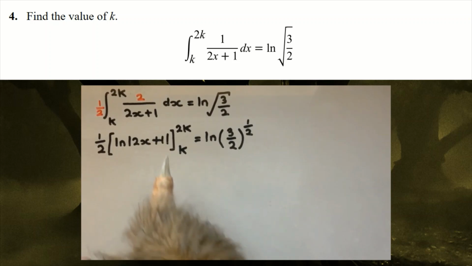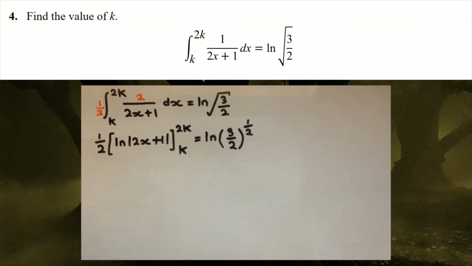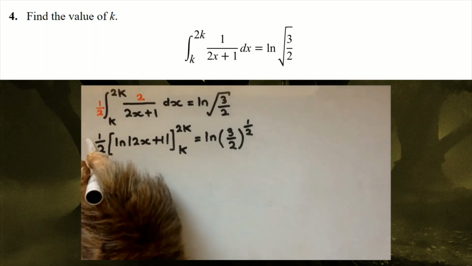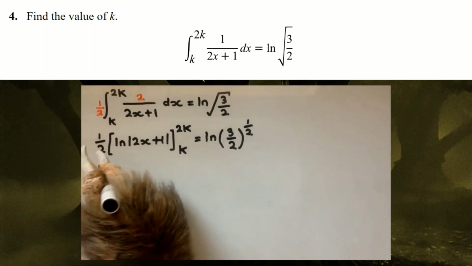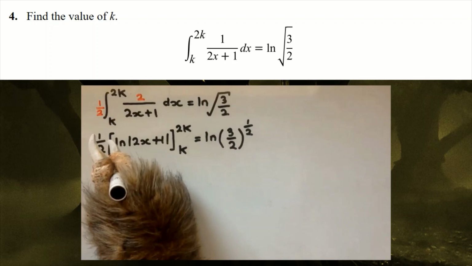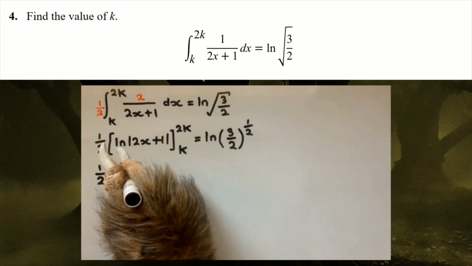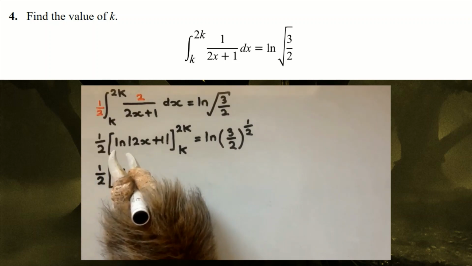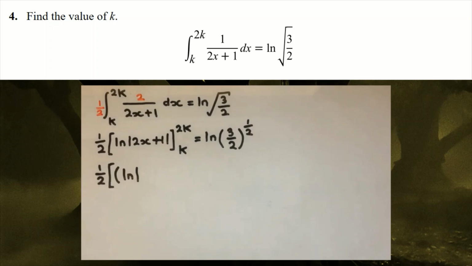Well, we can substitute in our limits, and there may be some log laws we can use shortly. So this is all going to be 1/2, and then I'm going to use the curly brackets, of course, but I'm going to keep the square brackets on the outside. So we've got 1/2, square bracket, now curly bracket, now the natural log, and I'll take the modulus, but I'm going to substitute in my upper limit.